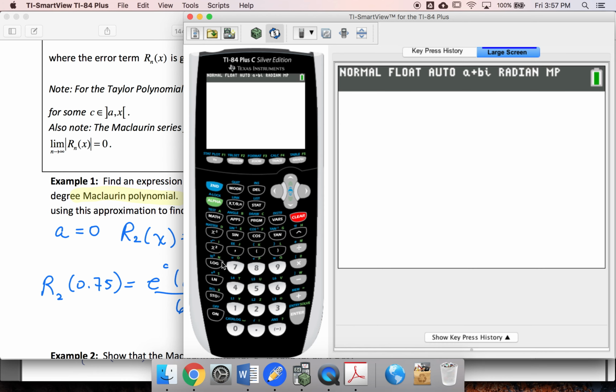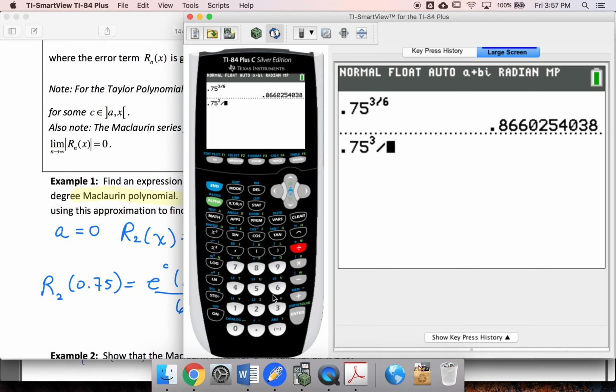Obviously when c is 0, then I'm just going to get 0.75 cubed over 6. Let's try that again: the cubed quantity over 6. Or I could multiply that by e raised to the 0.75.